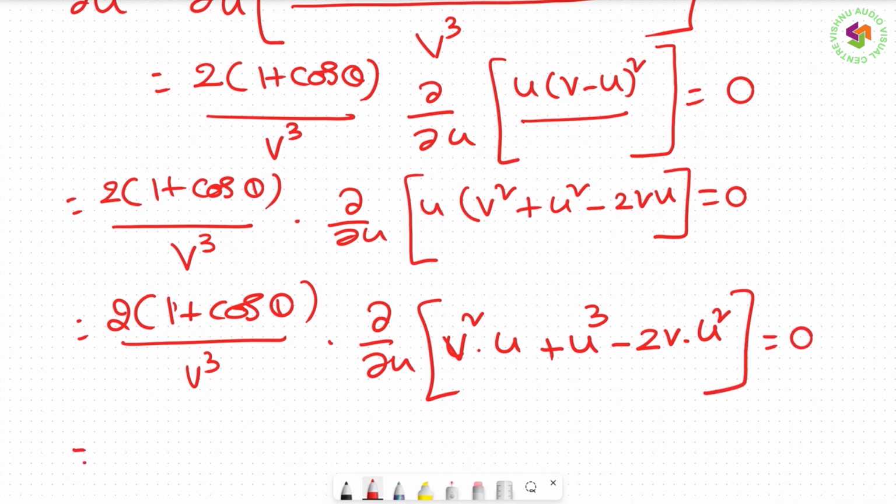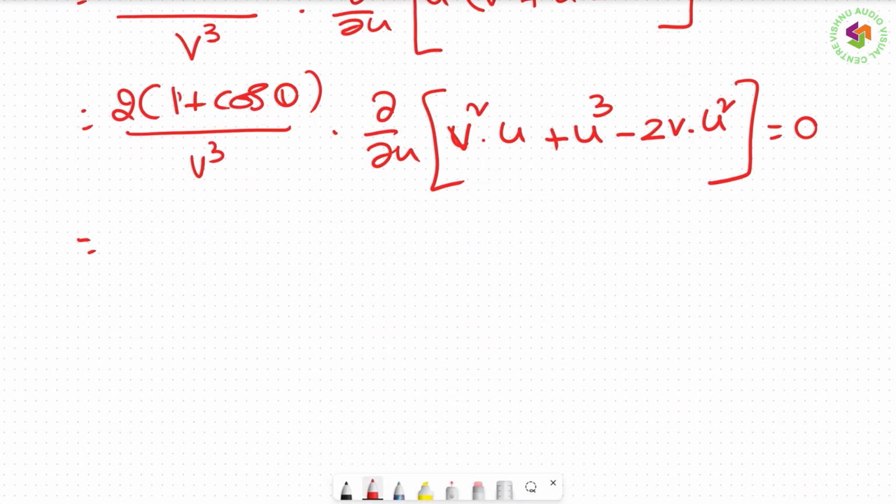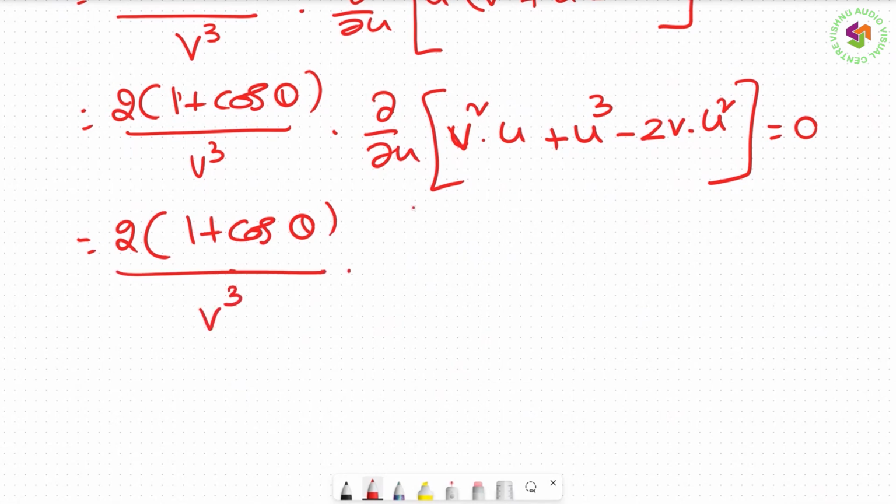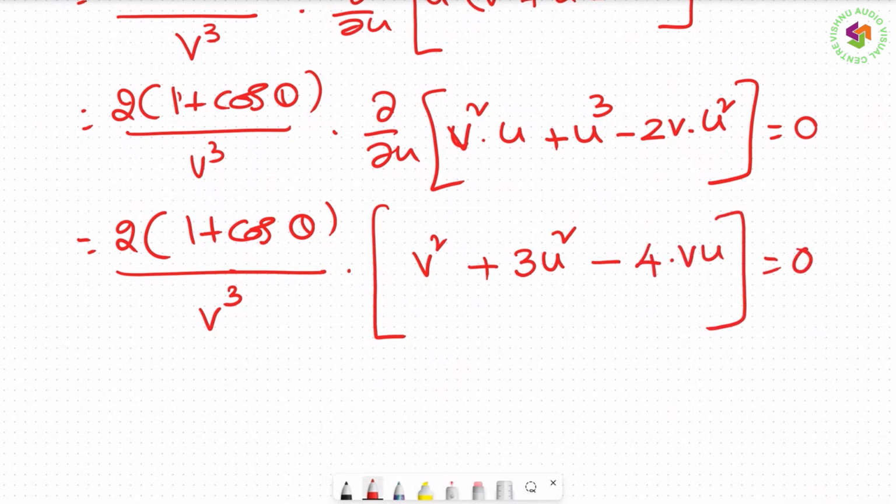So now I calculate 2 into 1 plus cos theta by V cube into, dou by dou u of V square u is directly V square, plus 3u square, am I right, minus 4Vu, is equal to 0.